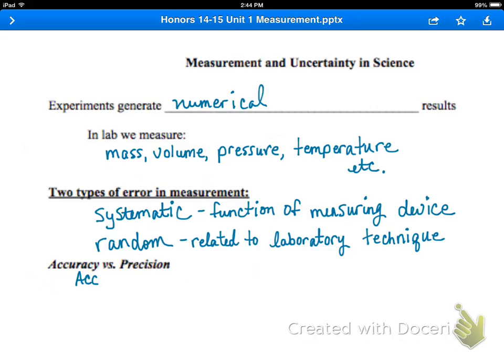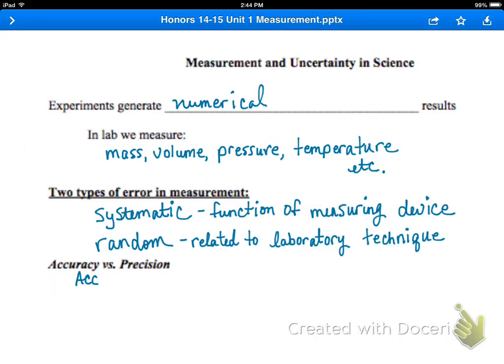Okay, so let's go back for a second and talk about the term error, because error, students often think about means mistake. But in science, when we're talking about lab work, error does not mean mistake, okay? We always have error in lab.